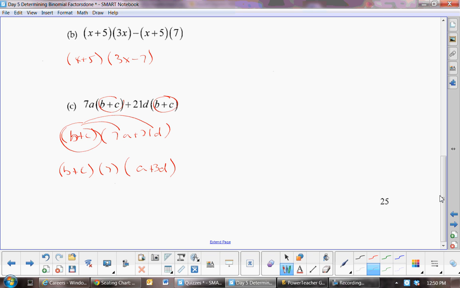I would have to factor it in to be 7b plus 7c, right? That 7 came out, just like b plus c came out. So the way you would write this is, if you want to finish it off, just like that. But they're all multiplied to each other.